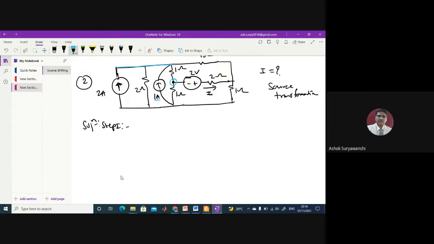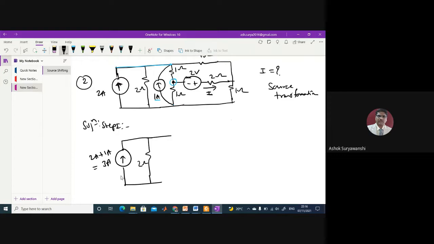So let us add these two sources, and that will form one source, that is 2 ampere plus 1 ampere is 3 ampere, and then the 2 ohm resistor here.